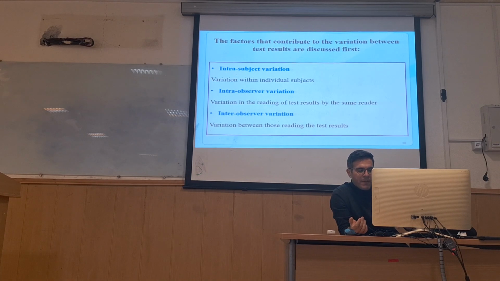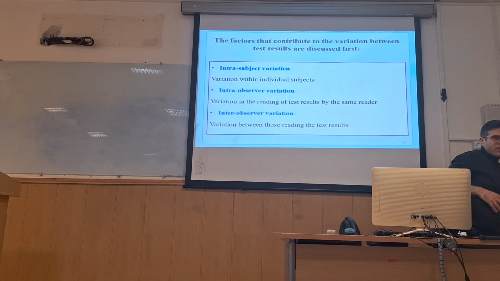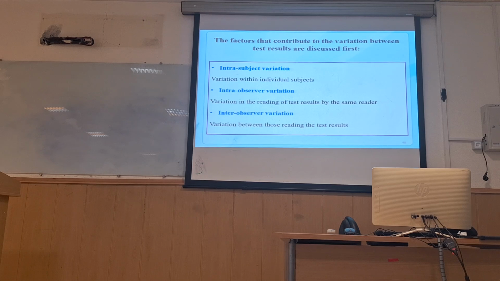For example, your physician asks you to take some photo or some CT scan, for example an X-ray photo, and after that, your doctor wants to diagnose, to make a decision about your disease or your complication. It can cause some variation, and it's called inter-observer variation.